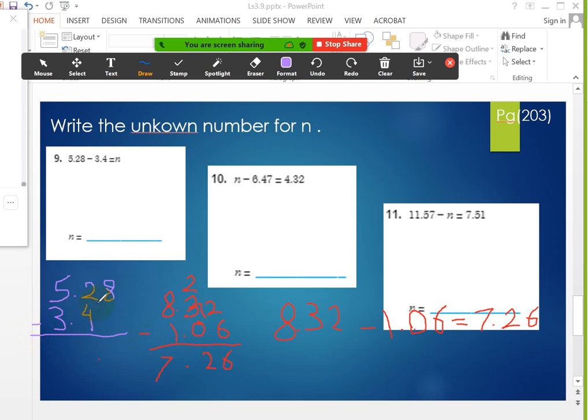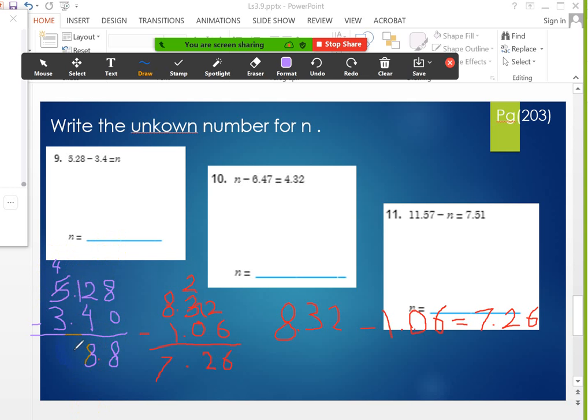Focus with me, please. There is no number right here, so this number will be 0. 8 minus 0 equals 8. Now, 2 minus 4 I can't. I have to borrow from the 5. It will be 4, and this one will go to 12. 12 minus 4 equals 8 also.